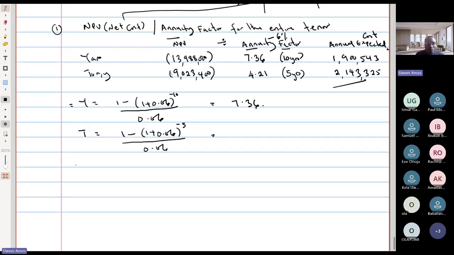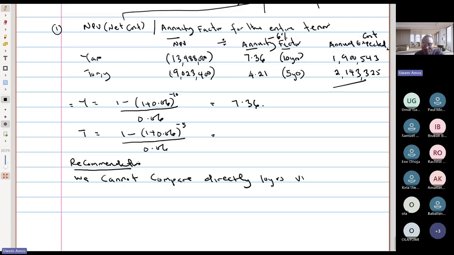So let's just put a recommendation quickly so we can round up. Let me just make my point that we cannot compare directly a machine that is going to last for 10 years versus a 5-year project. So we have to compute the expected annual values.